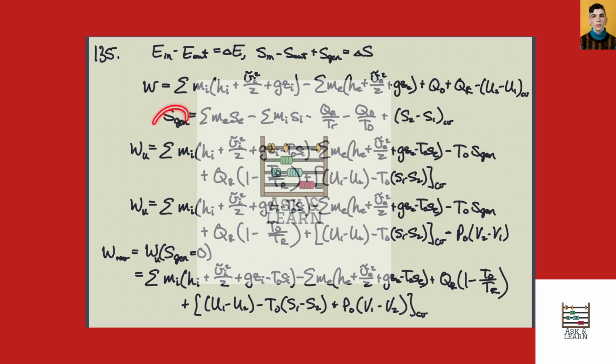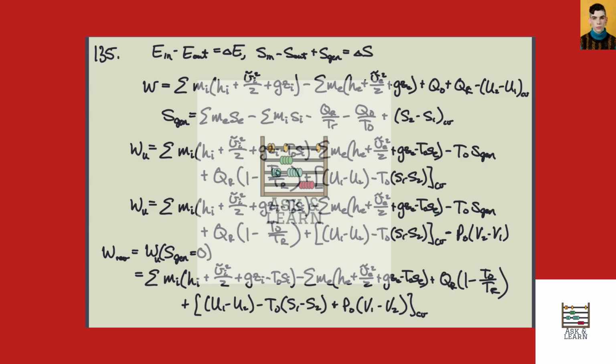So again, we have the entropy generated, the entropy flowing in, the entropy flowing out, the entropy flowing in from the heat, and then the change in entropy inside, since it's a uniform flow system, but it's not steady.